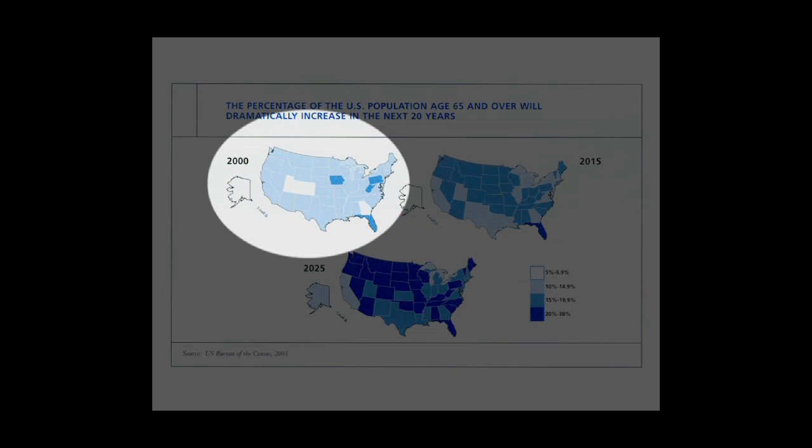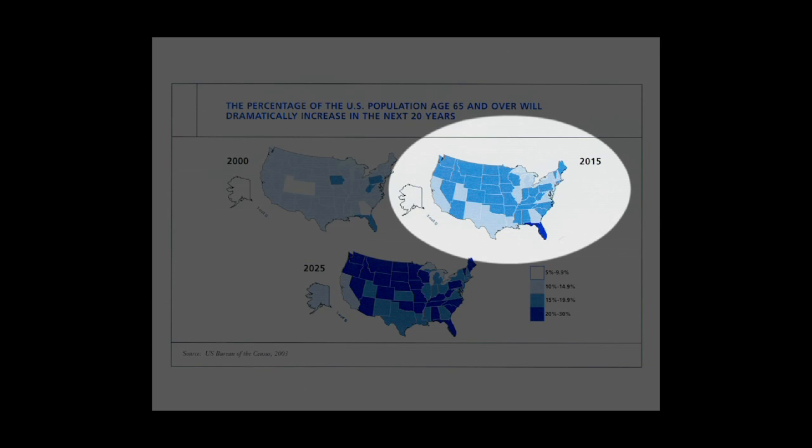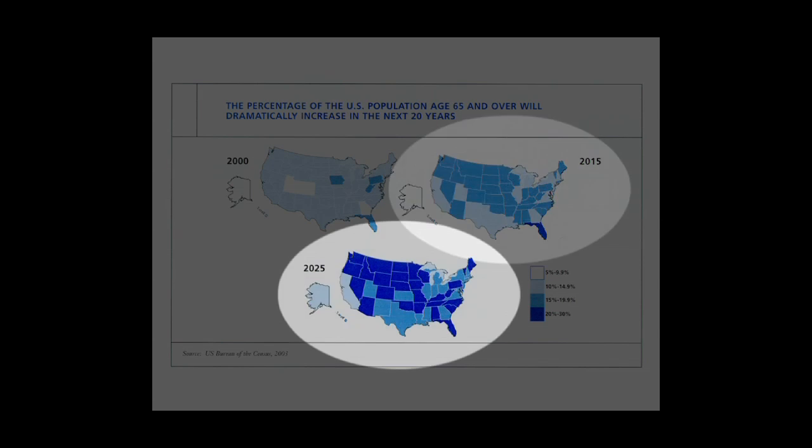And notice that everybody else is pale. Notice in 2015 how now in Florida, 30% of the population is over 65. And look at all these other states that are darker blue. And now look at the United States in 2025. All these dark blue states, it means that in every single one of these states, 20 to 30% of the population is going to be over 65.